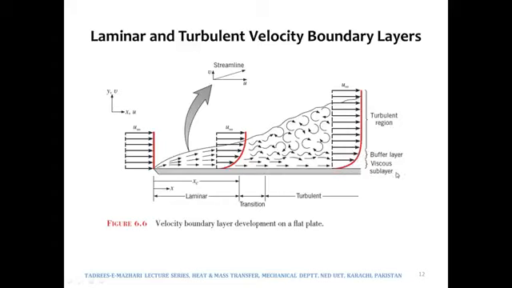And the first sublayer is what we call the viscous sublayer. And the viscous sublayer, as the name says, would be more streamlined. It would not be that chaotic. The flow will not be that disturbed as it is over here in this region far from the plate.